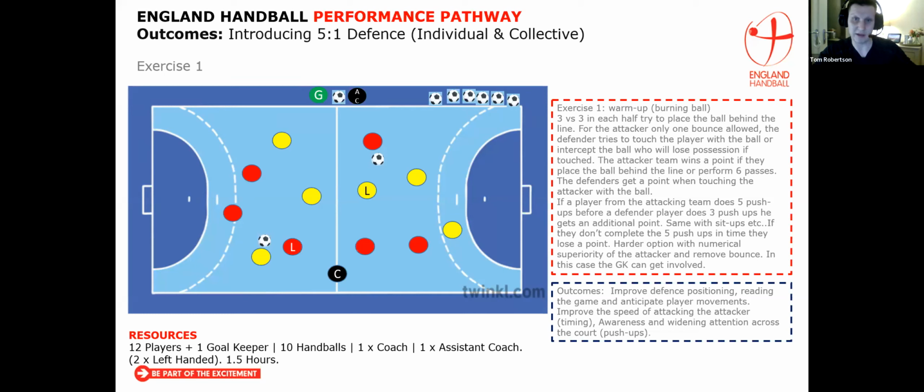During that game we're also adding in a bit of an observation task, so that rather than the players just looking at the ball, if a player drops and does press ups, the player's got to do 5 press ups, and the opposition team have got to get over and try and do 3 press ups in the same time as the 5 press ups.